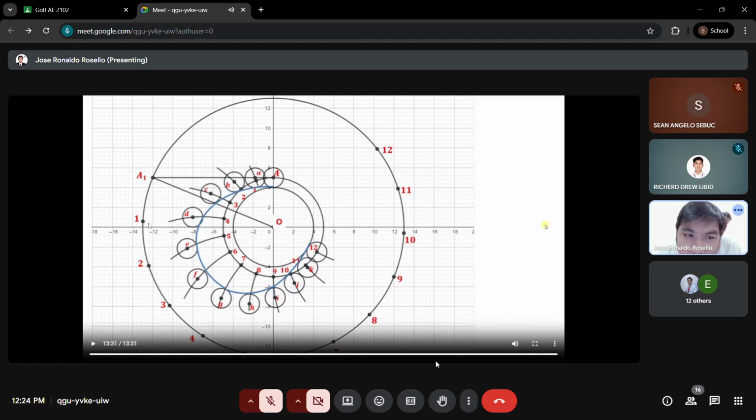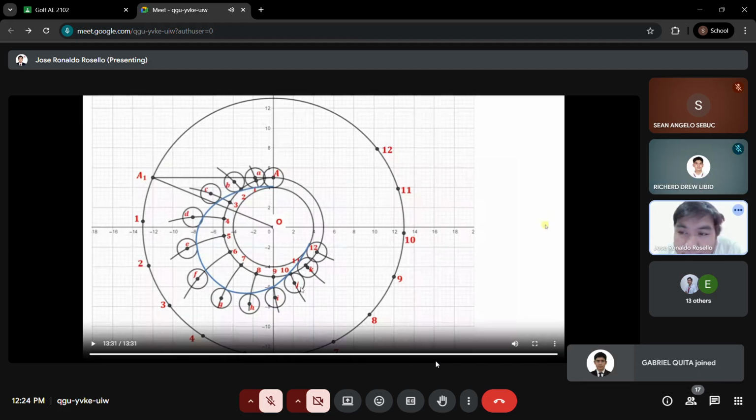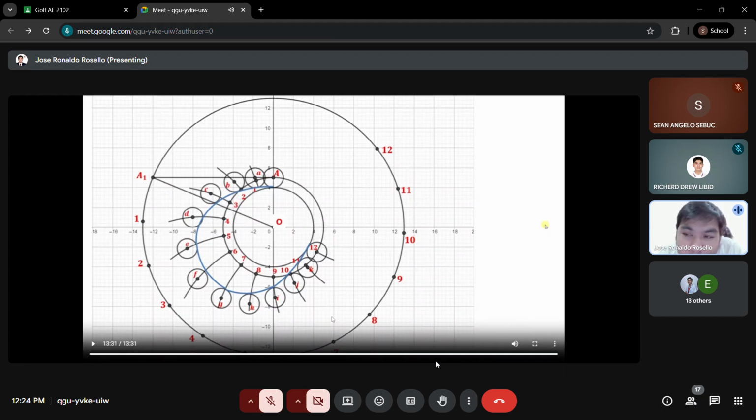Then, kung ilang parts natin hinati yung ating prime circle para sa ating pagpa-plot nung mga displacement, ganoon din kadaming parts natin hahatiin yung ating outside circle. Tapos, i-compass na lang natin from the points nung nahati natin sa tigti 20 degrees yan, papunta dun sa prime circle, yung pag-determine ng mga arc.